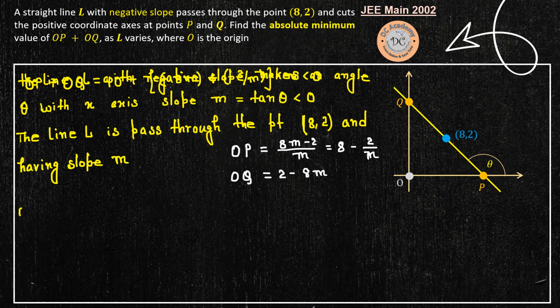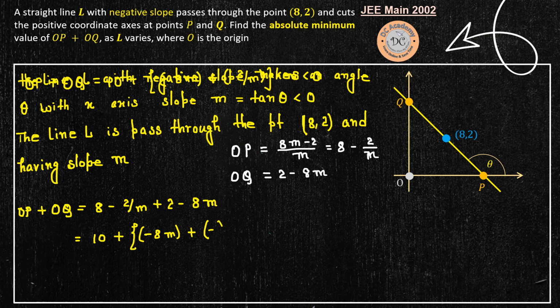So if I add them together, OP plus OQ is equal to 2 minus 8 by m plus 8 minus 2m, which can easily be written as 10 minus 2m minus 8 by m.